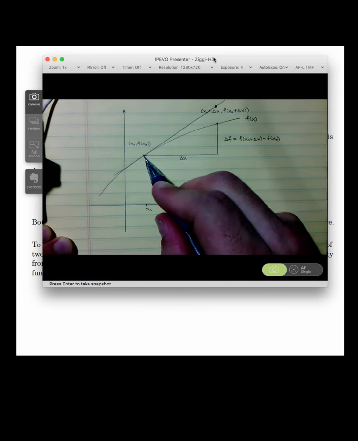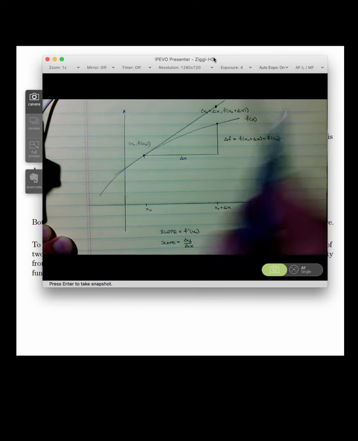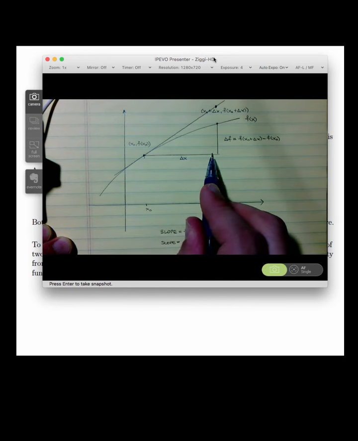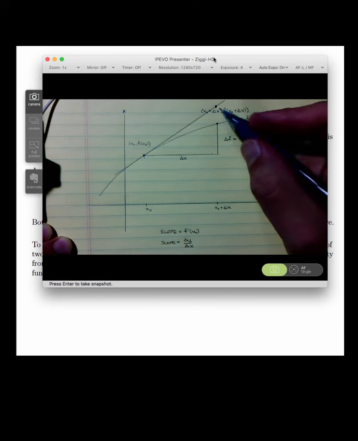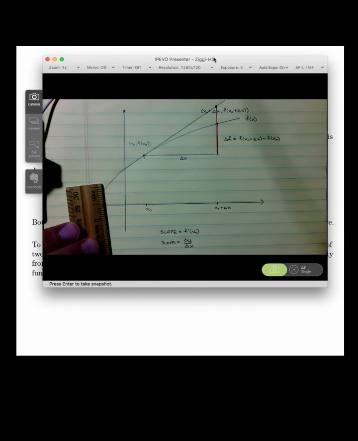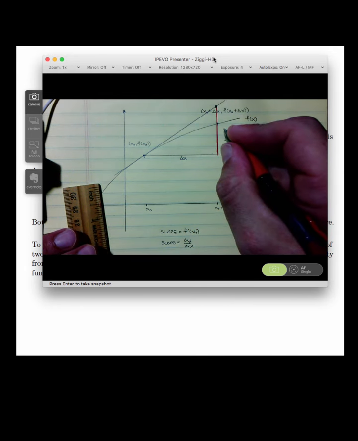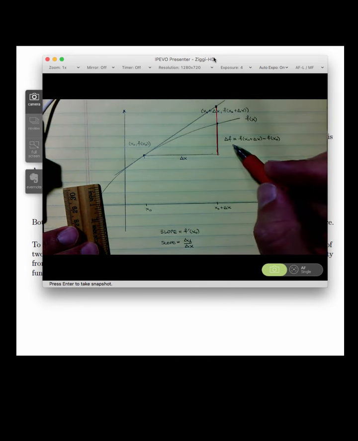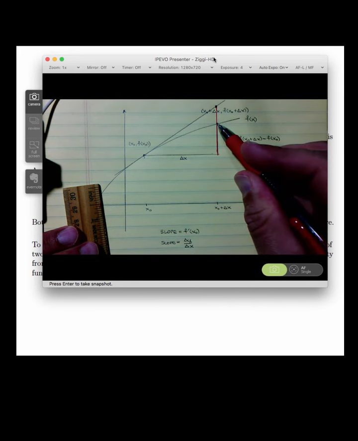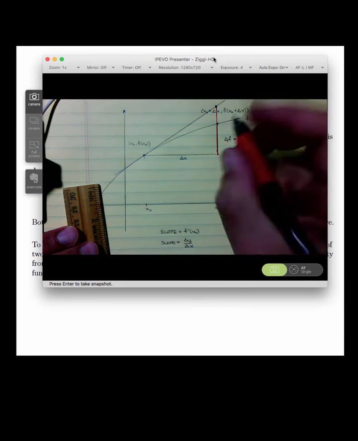So given these 2 points, we need the change in the x values between them, which of course is delta x, and we also need the change in the y values between those 2 points, which we can represent by this line segment shown in red. We wouldn't refer to this distance as delta f. Delta f, remember, referred to this vertical distance. So to refer to this full vertical distance shown in red, we need something else.